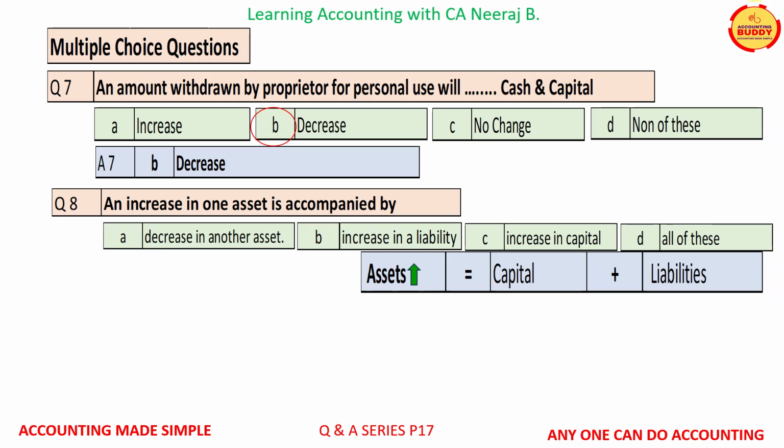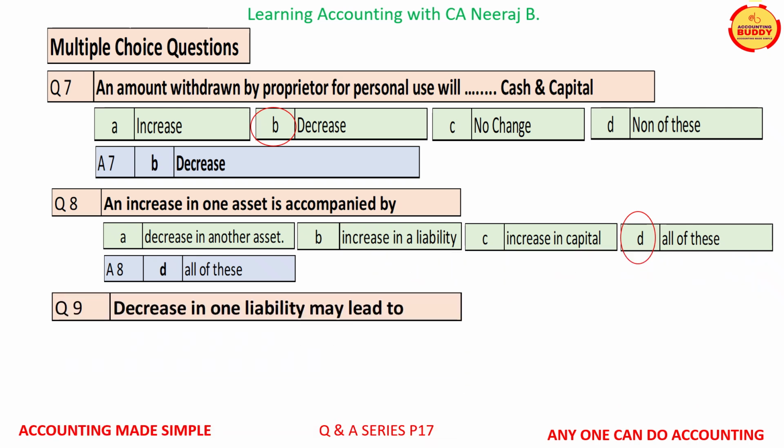If the asset is increased, the accounting equation will be balanced if another asset is decreased by the same amount. Another option could be if the liability is increased by the same amount. And the third option could be if the capital is increased by the same amount. Therefore, in this case, option D is the correct answer.